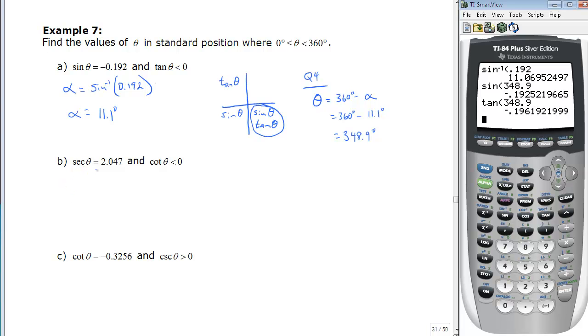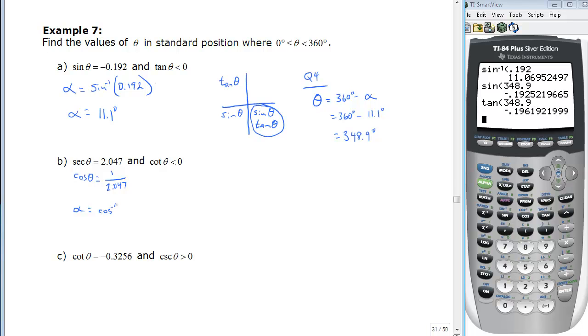Secant theta is equal to 2.047, but we need to find the reference angle, and we can't do it with secant. So first we're going to say, well, that means the cosine of theta has to be 1 over whatever secant was, which means the reference angle, alpha, is going to be the cosine inverse of that reciprocal.